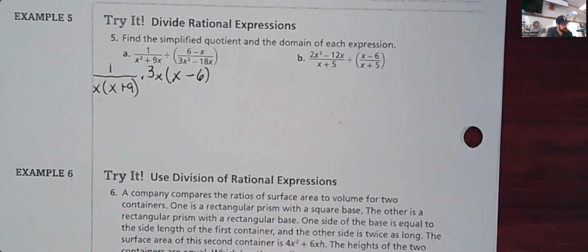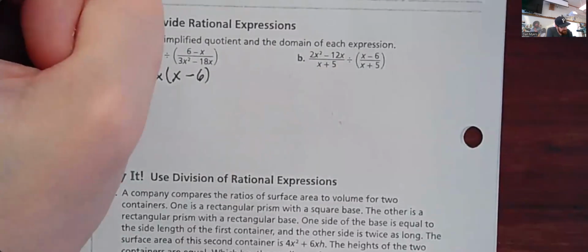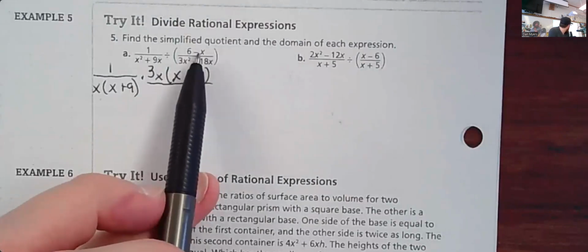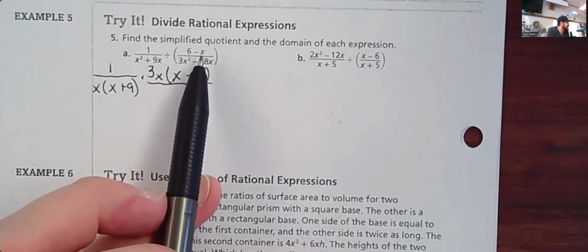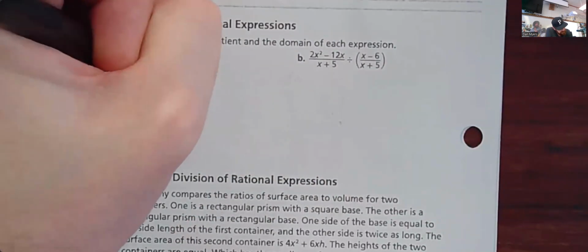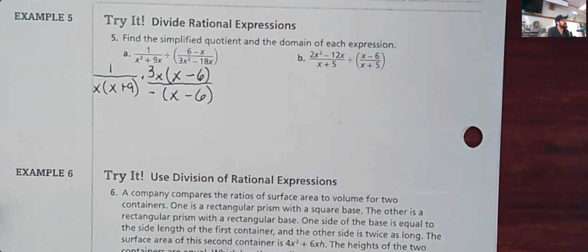And then on the denominator, we can flip around the order of 6 minus x to make it negative x plus 6. But then we can factor out the negative and make it x minus 6, like that. So basically, I've taken the reciprocal of that second fraction and factored it at the same time, which definitely speeds up the process.